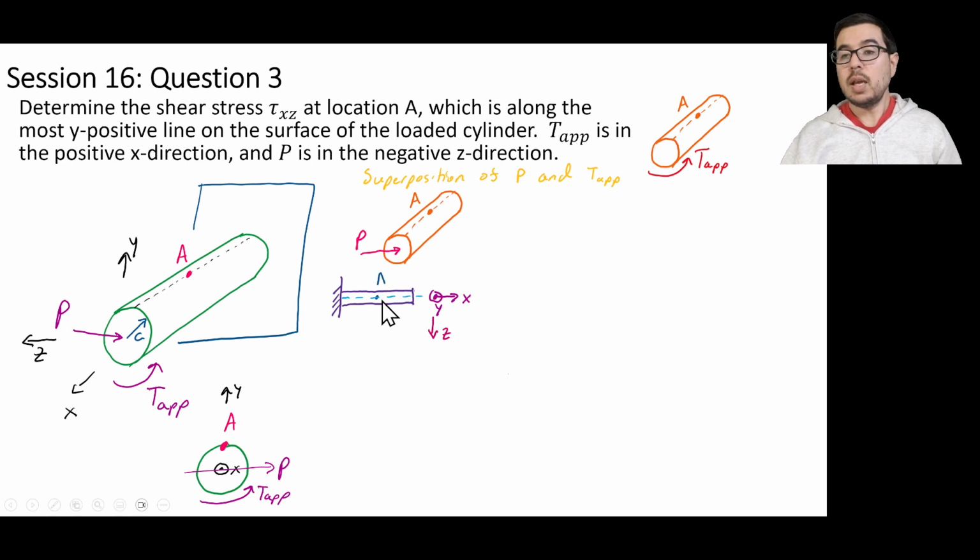A is at this location, which is on the neutral axis, you could say, because it's on the outer surface. If you want to use the Hibbeler terminology, the longitudinal axis would be right along the middle.